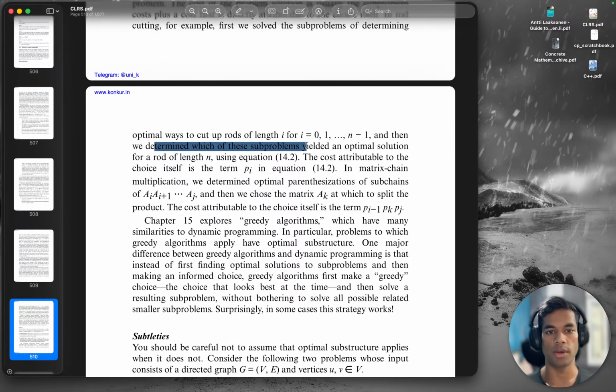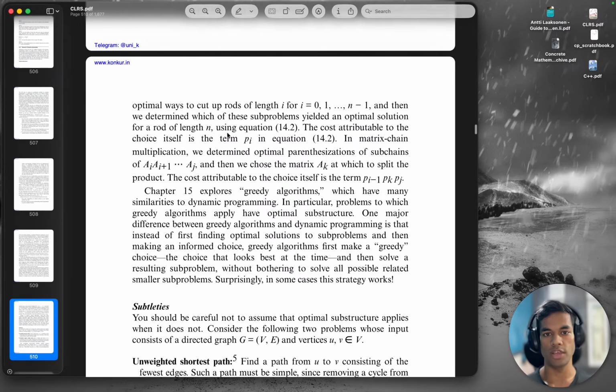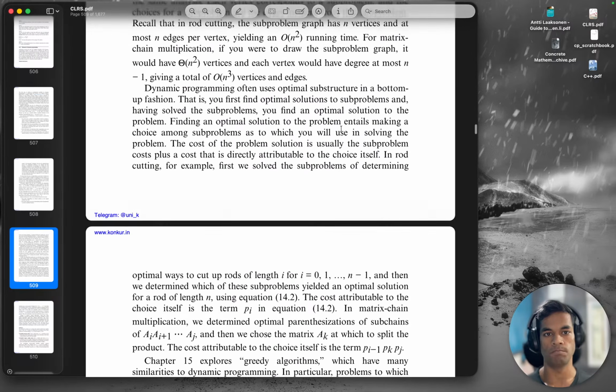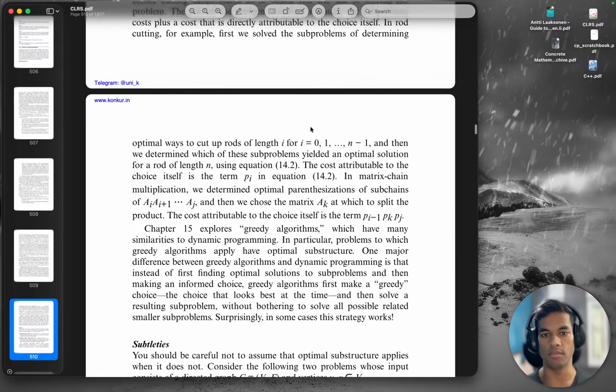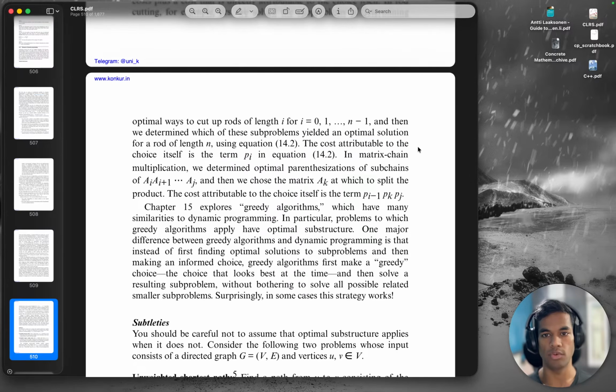And then we determine which of these subproblems yield an optimal solution for a rod of length n using equation 14.2, where the cost attributable to the choice itself is the term pi in the equation.